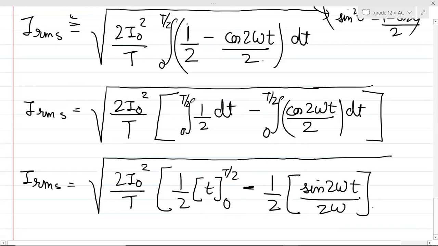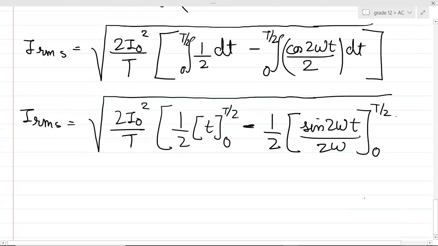And the limits will be from 0 to t by 2. Is this clear, guys? Are you writing along with me, everyone? Can I do this thing? I can just take this 2 common and cancel out with this 2. Is it fine?